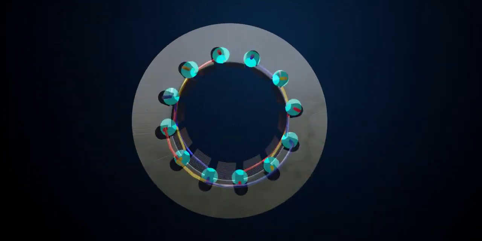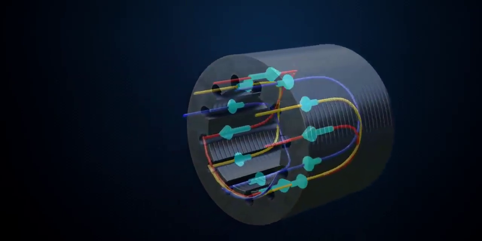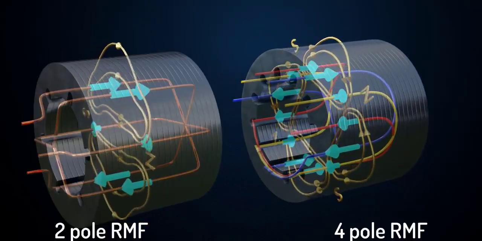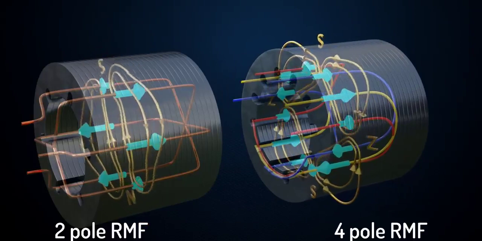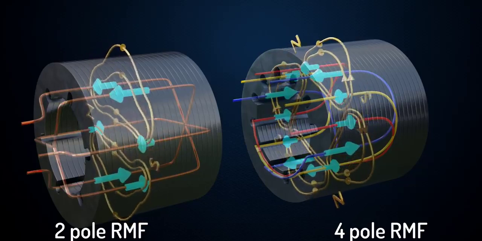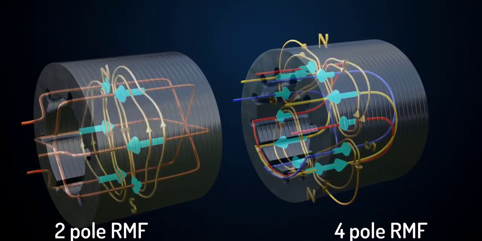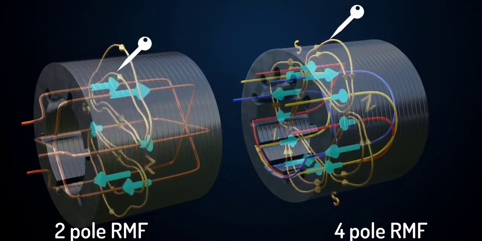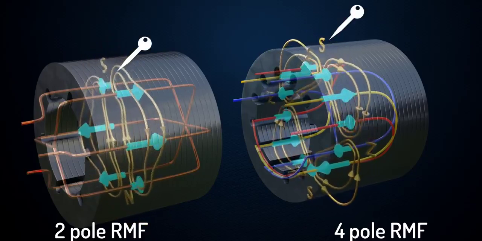Apart from the difference in number of poles, can you predict any other difference in these rotating magnetic fields? The speed at which both the RMFs are rotating is different. This is because the N pole of a two-pole RMF reaches 180 degrees after a half cycle of the sinusoidal current wave.